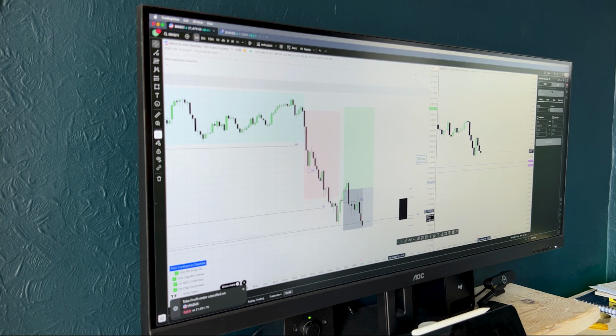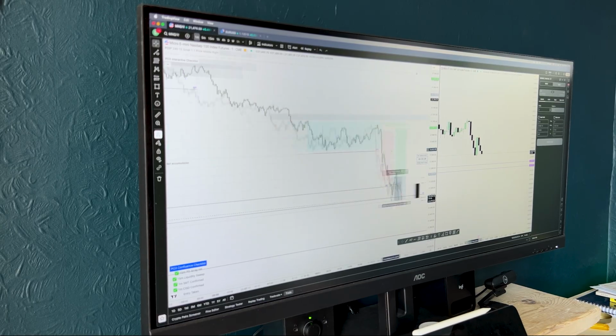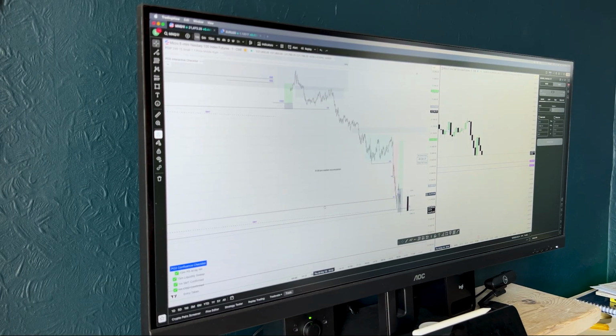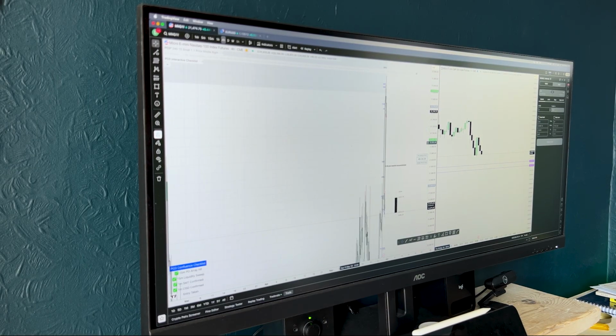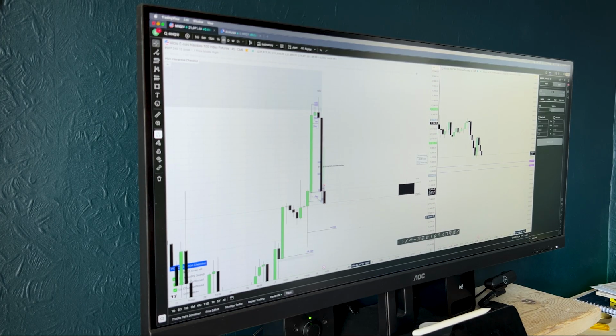Okay, and stopped out. Stopped out. I mean, I guess the day was quite bearish, so for me to try and catch a reversal is probably quite silly, but we didn't close below this 4-hour level here, so that's why I wasn't fully bearish.